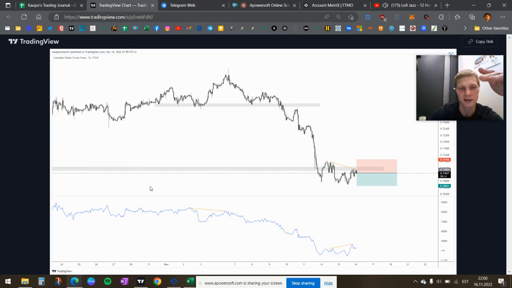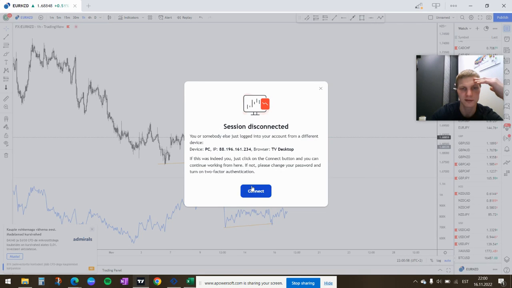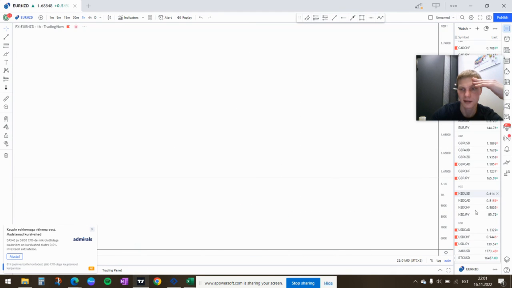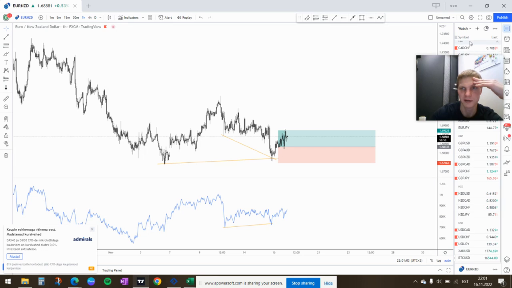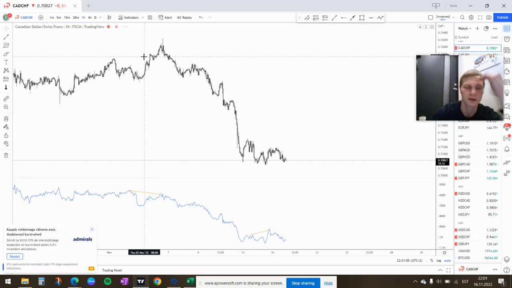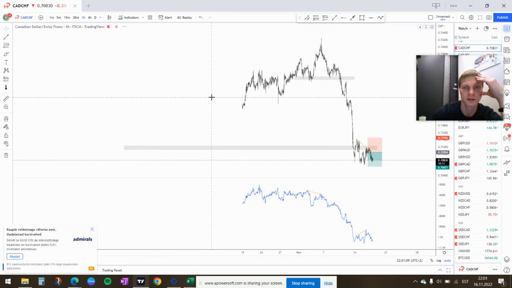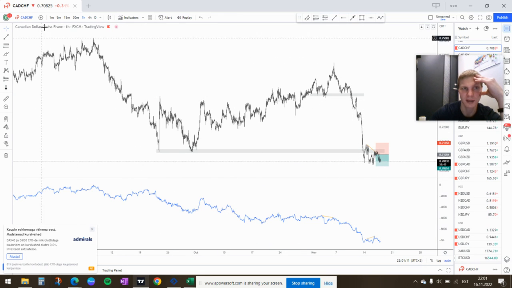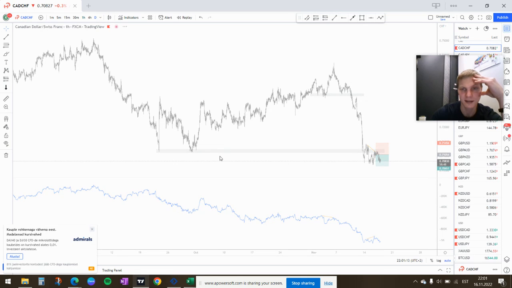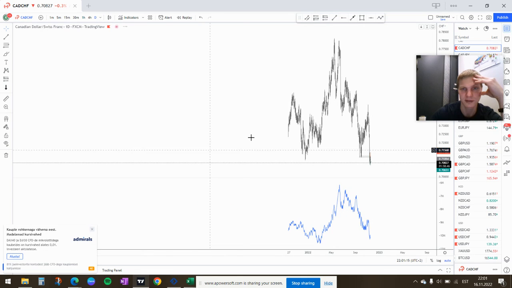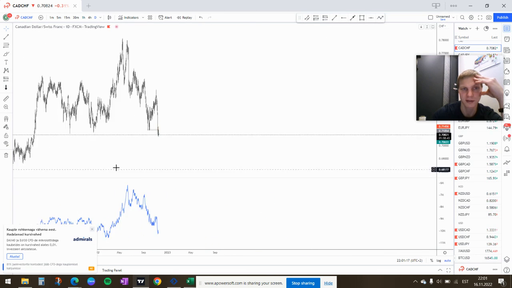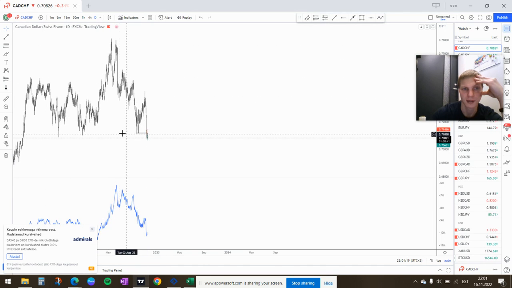So price is still in a heavy downtrend, right? So in my opinion, this is still a downtrend. And it still is a head and shoulders, in my opinion, here. And it's a break of the previous lows, and I think it's gonna go down.